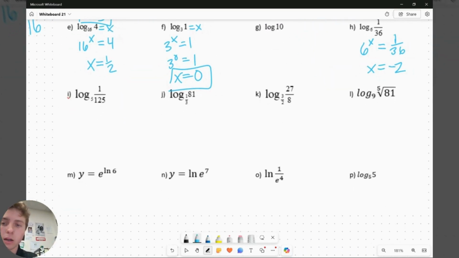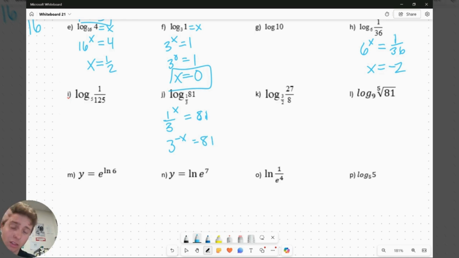Other problems that are good, different problems like that, maybe j, 1/3 to some power needs to be 81. Well, 1/3 to the x, 1 to the x isn't going to do something, so I need the 3 to be up there as well. So maybe you rewrite this as 3 to the negative x equals 81.